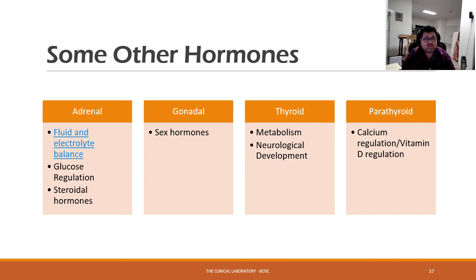Some other hormones are studied for particular reasons when it involves these various areas: adrenal glands, gonads, thyroid, and parathyroid. And each one of these has its own importance and indications.